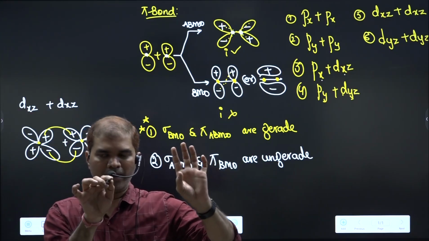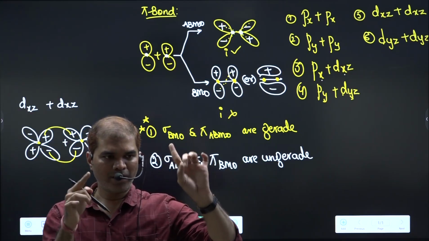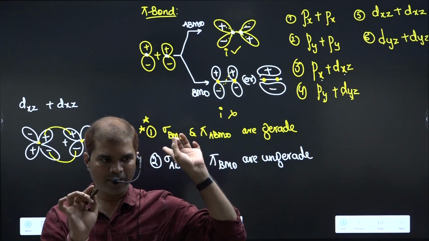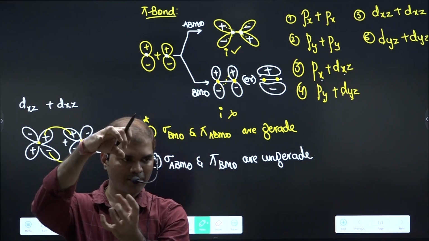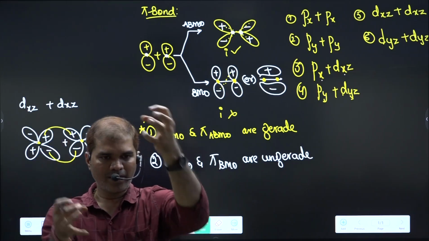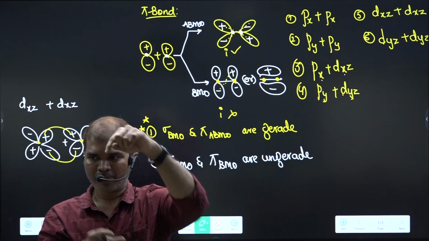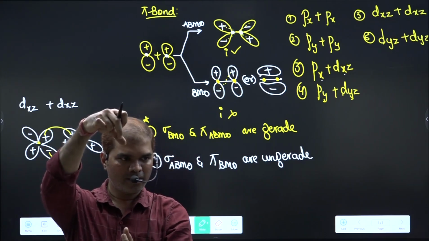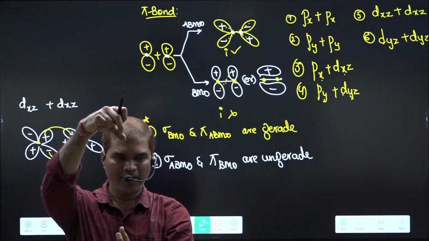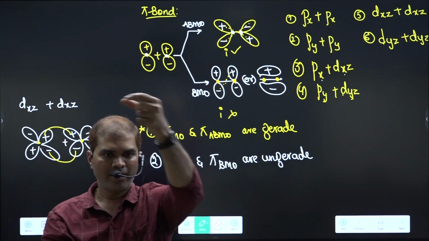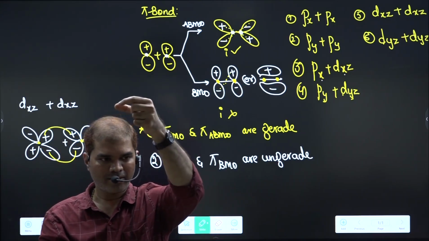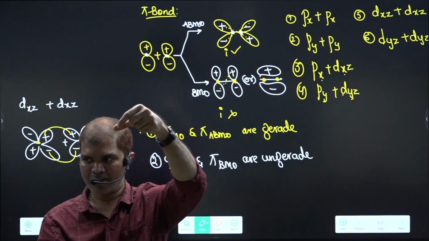Node is 0. But if I take any p combination or any dxz, dyz combination, there will be 2 lobes, plus above, minus below. And as I rotate, at least once you will get a phase difference. When I rotate by 360 degrees, before I complete 360, I get plus and minus once.